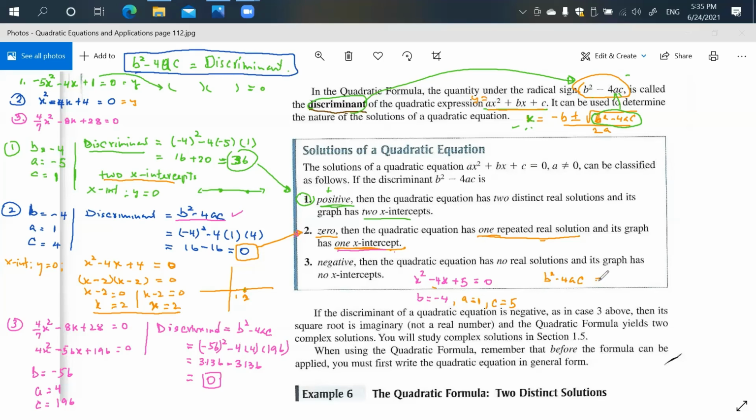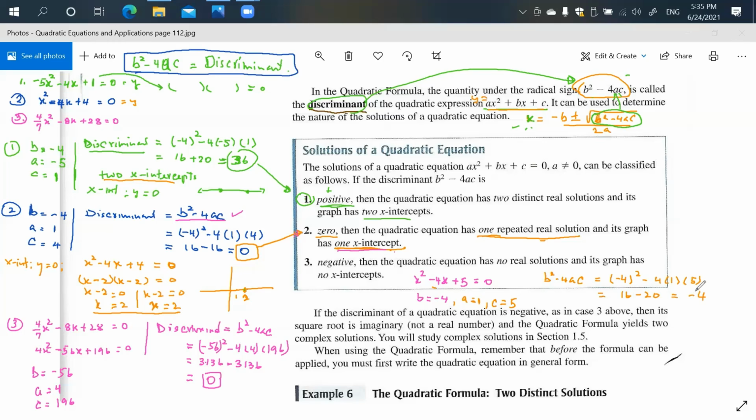B is negative 4, write down negative 4 power 2, minus 4, a is 1, c is 5. So now simplify, 16 minus 20. So now this one becomes negative 4.